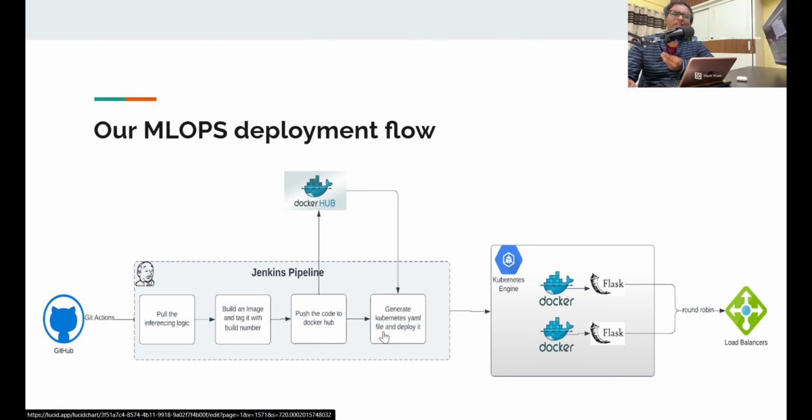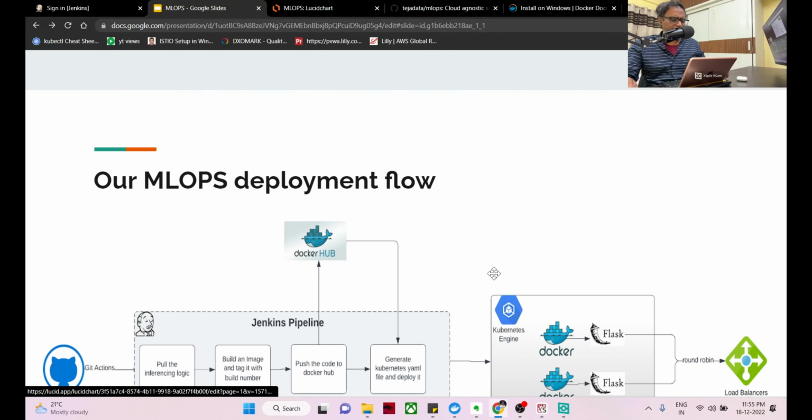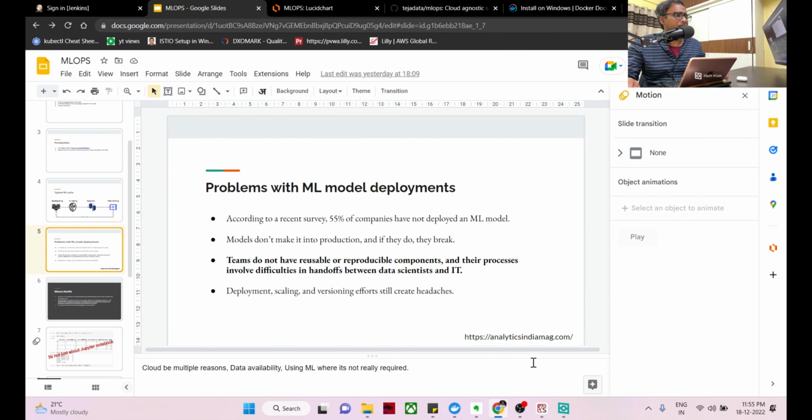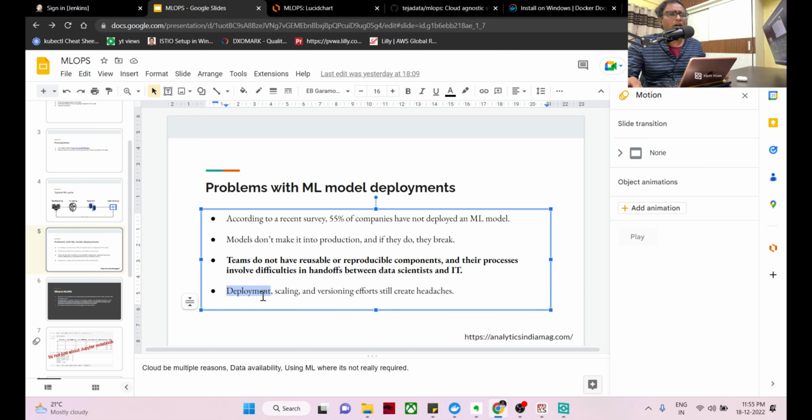With a very basic understanding of what Docker is, a simple Dockerfile is more than enough. So our Python code will automatically generate a Kubernetes YAML file and deploy it in your Kubernetes engine. That's it. So one major problem which I was talking about in MLOps is the deployment.